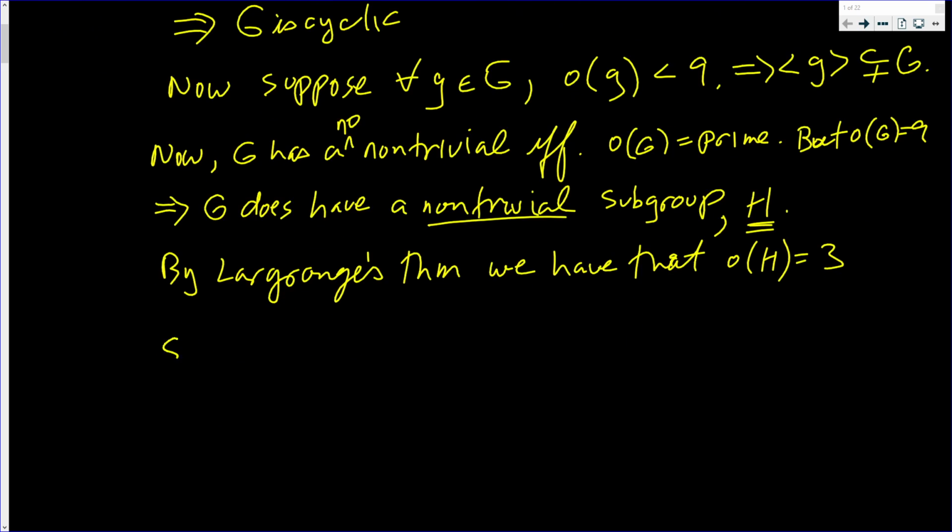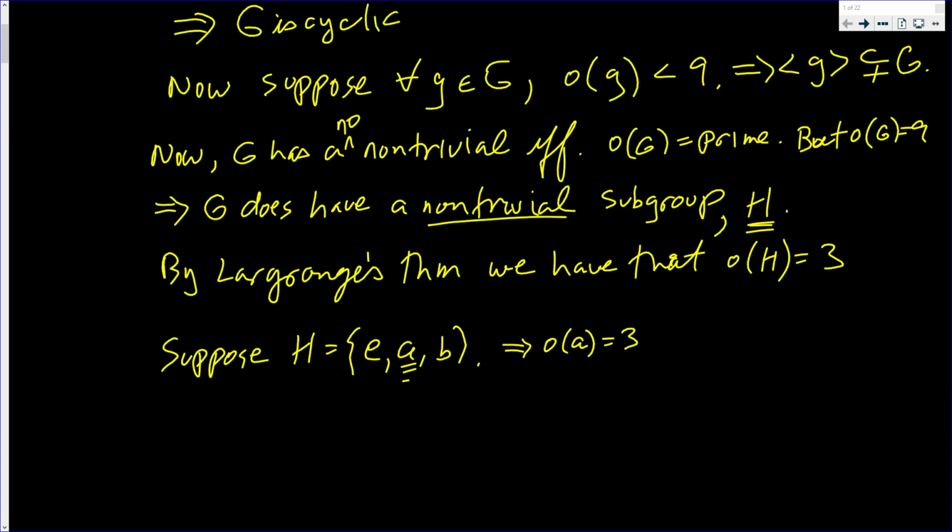Suppose H is equal to {E, A, B}. That tells us that the order of A is 3, because A is not E. That means the order of A is at least 1. But the order of an element must divide the order of the subgroup, in this case 3. The only numbers that divide 3 are 1 and 3.